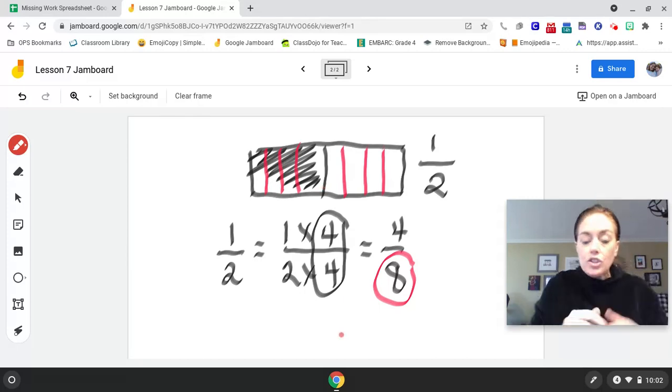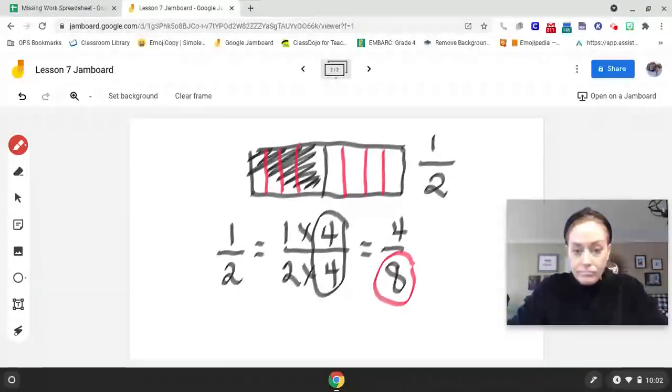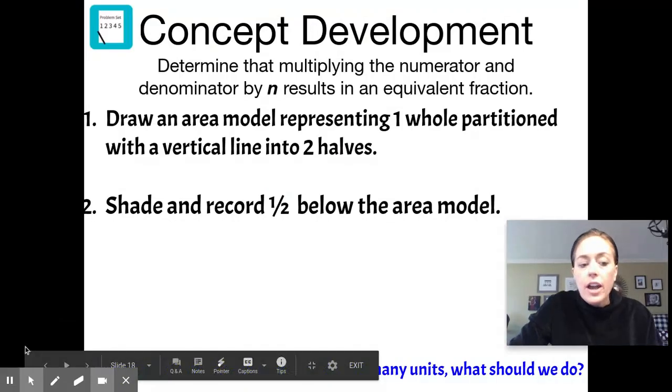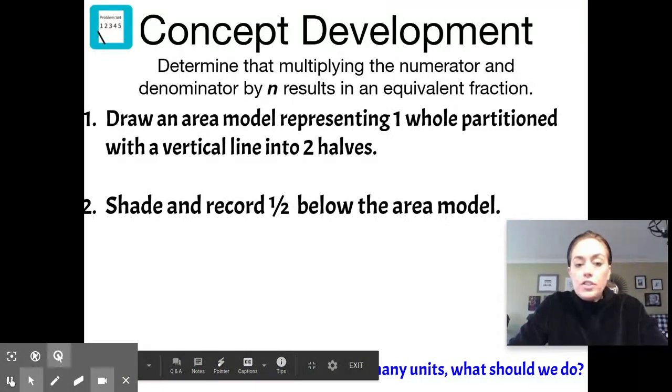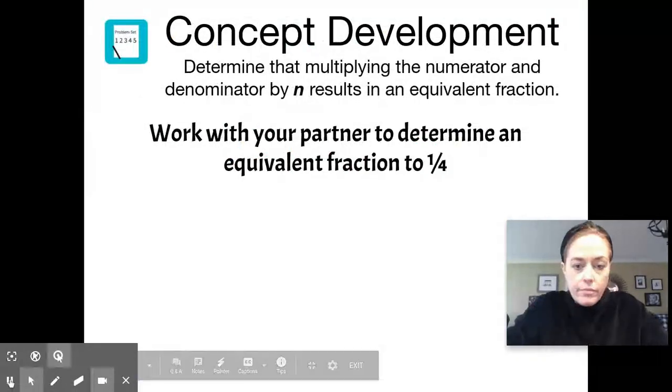So now I could show using multiplication and decomposition of my area model that 1/2 is indeed equivalent or equal to 4/8. So take a moment, just look at this tape diagram. Go ahead and pause the Nearpod, and then we'll come back together.